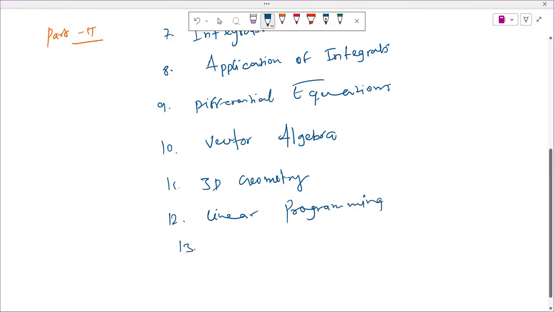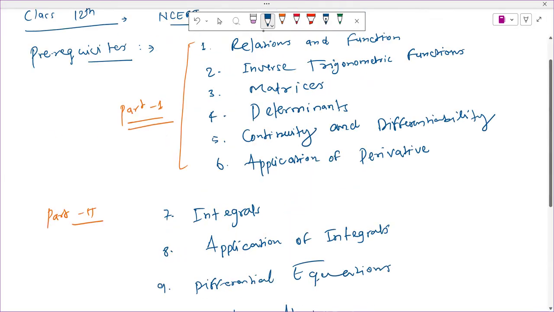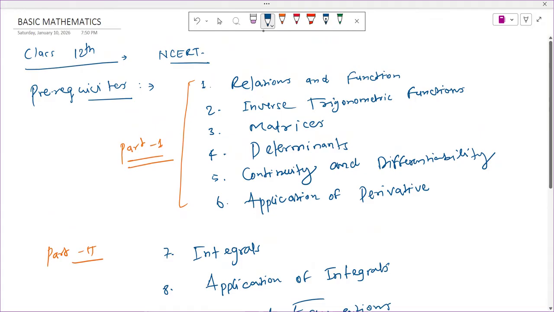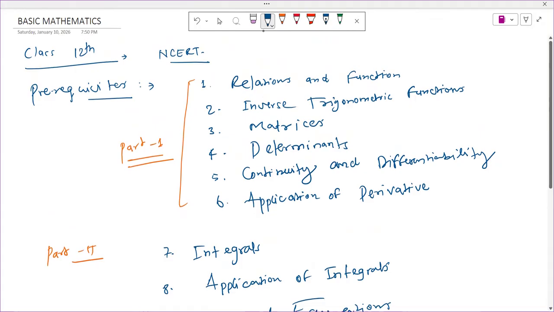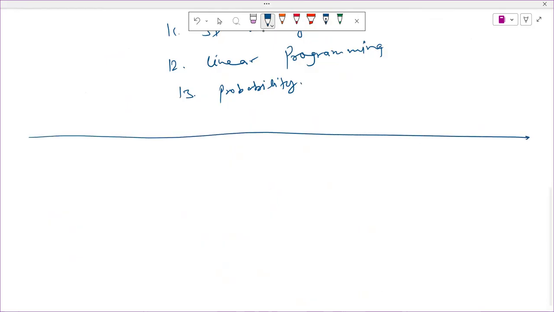Last one, 13th, is probability. So all these are the chapters we are going to read in class 12, right?